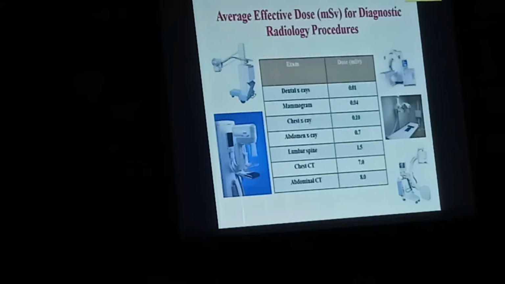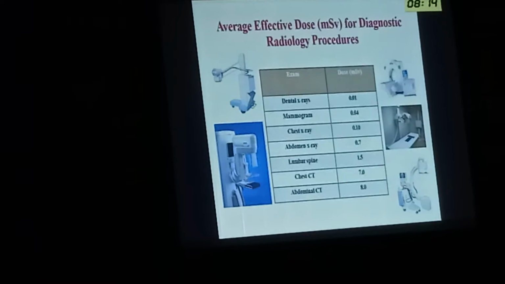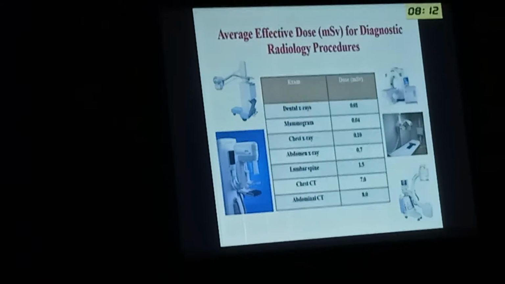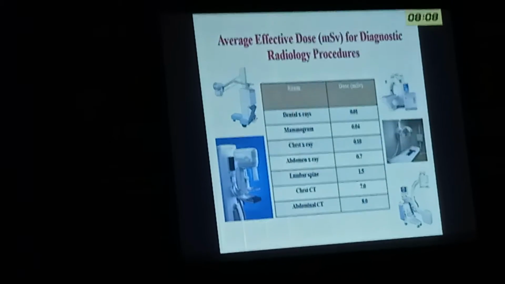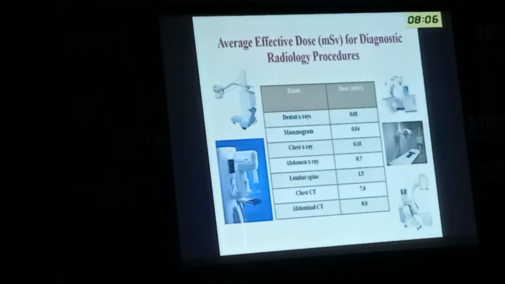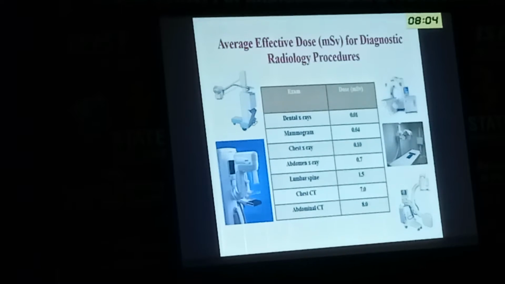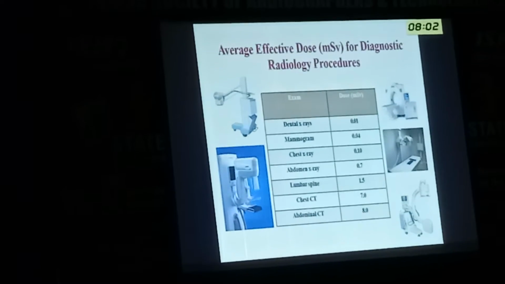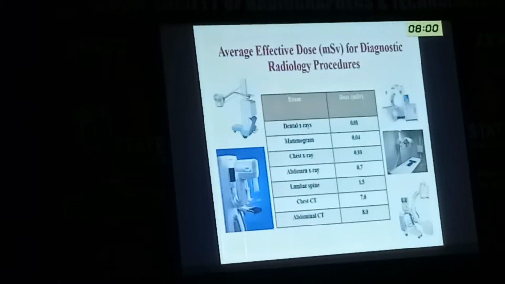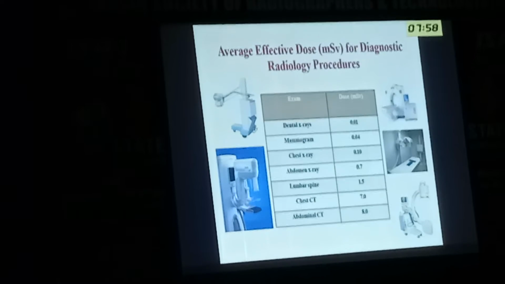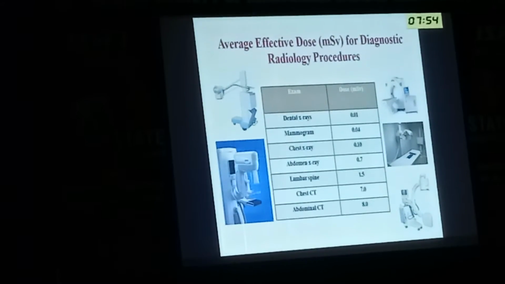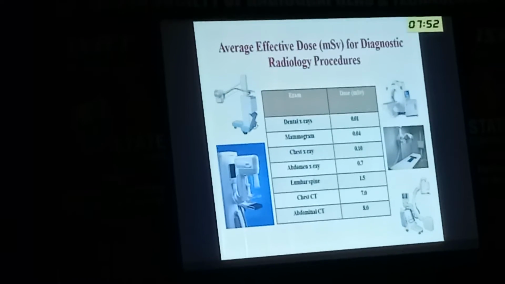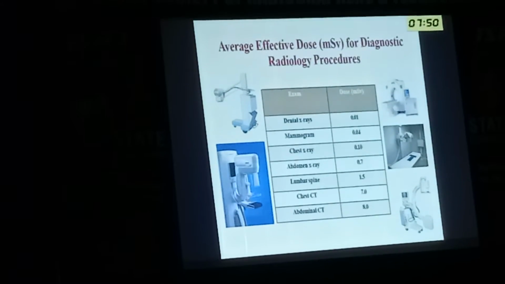If we see the typical dose received by a patient during an examination, a dental X-ray contributes 0.01, whereas a chest CT gives around 7; this is the average effective dose. There are three kinds of dose: absorbed, equivalent, and effective. Absorbed dose means energy deposited per unit mass, and its SI unit is gray.